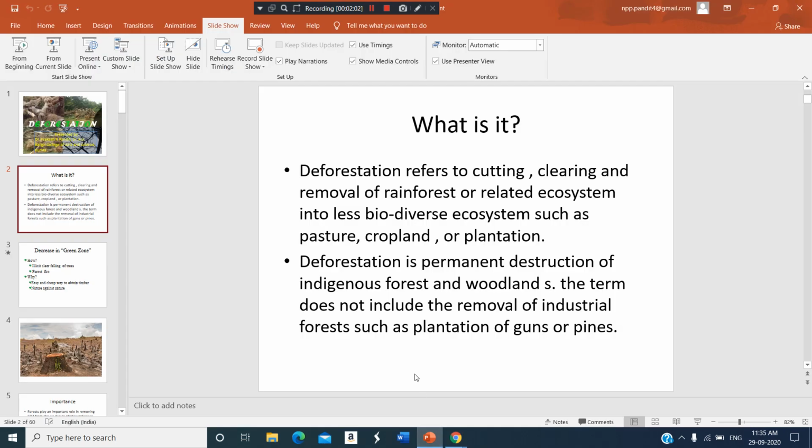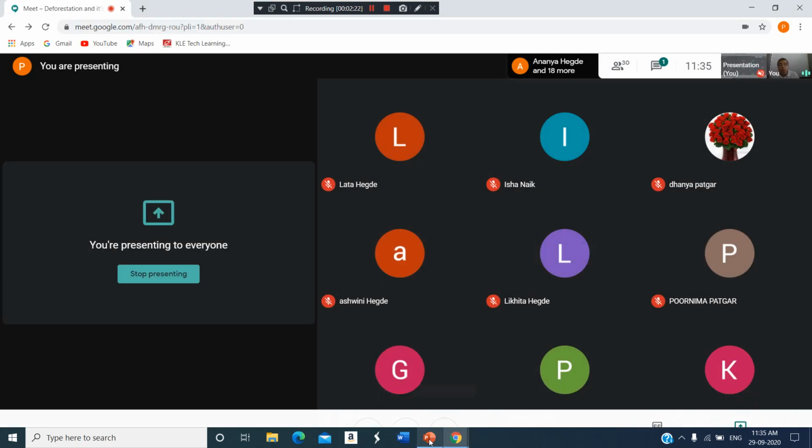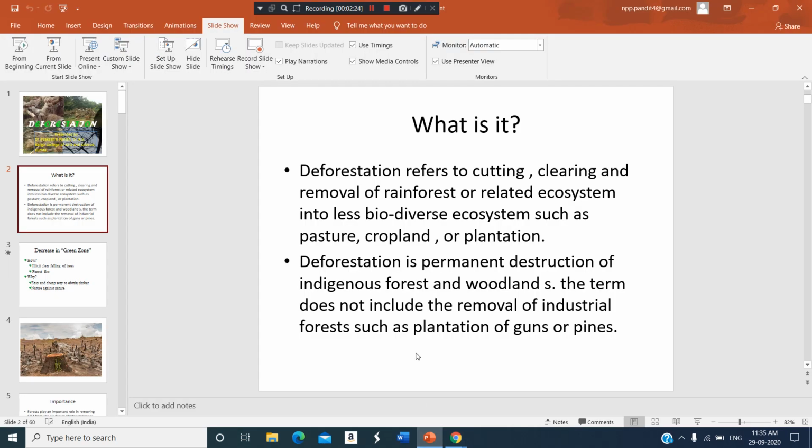Now, as a result of this, what's happening? It's a permanent destruction of the forest or woodlands, where the same land which once had a standing crop of forest has now been transformed into something other than forest.